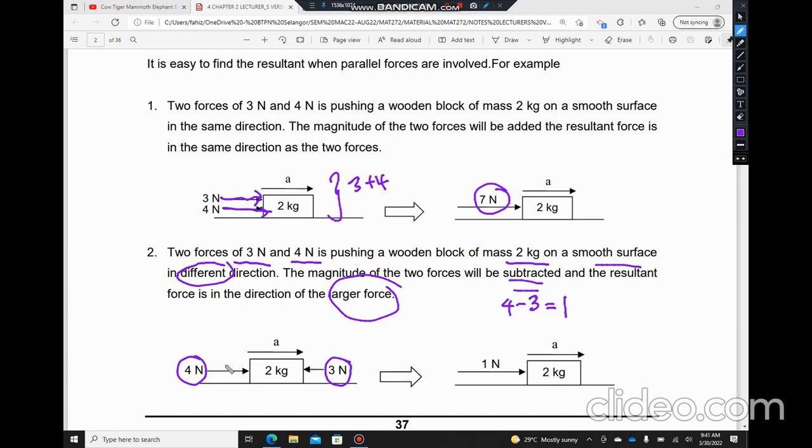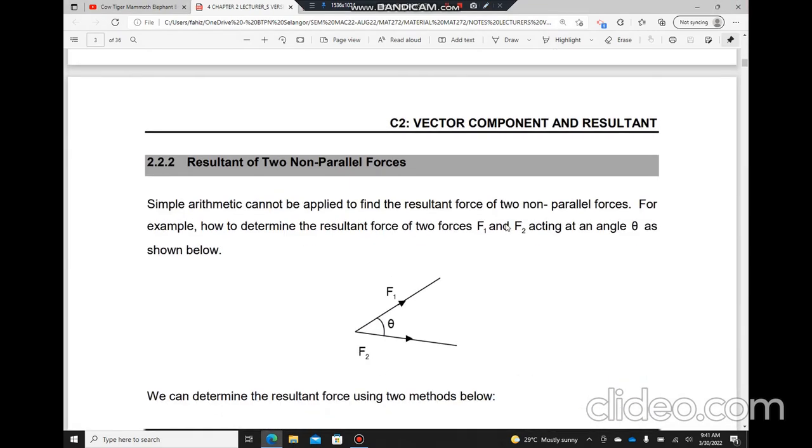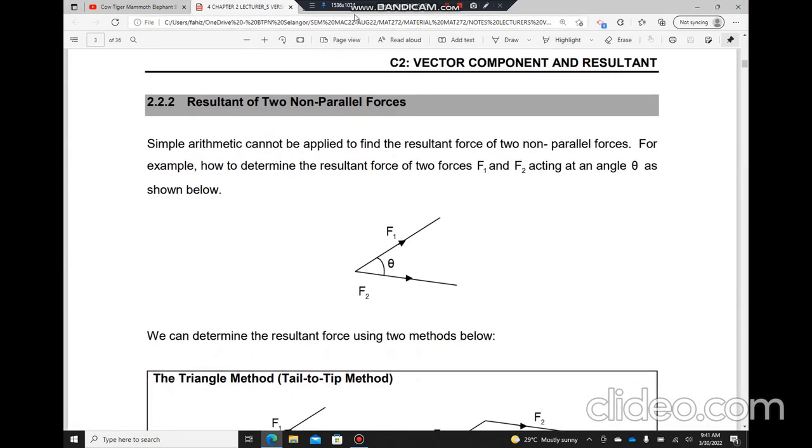Okay, 1 ni sama ada dia daripada left or right. Macam mana nak tentukan? Kita kena ambil direction of the larger force. So which is from left. So that's why 1 Newton from left. Okay, so yang ni untuk resultant when parallel forces are involved.